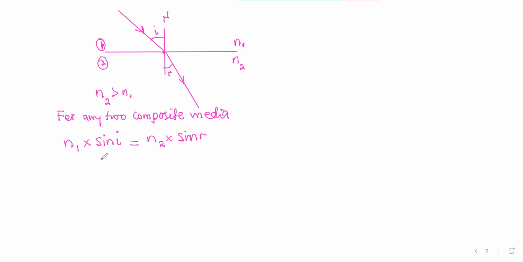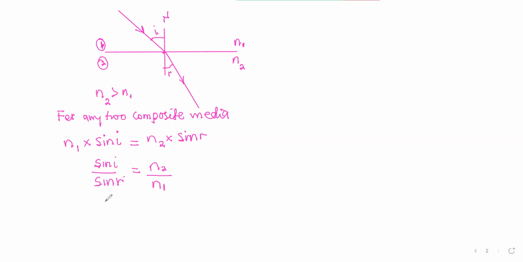And when we make sine i over sine r the subject, we realize that this will also be equal to the refractive index of medium 2 over the refractive index of medium 1.